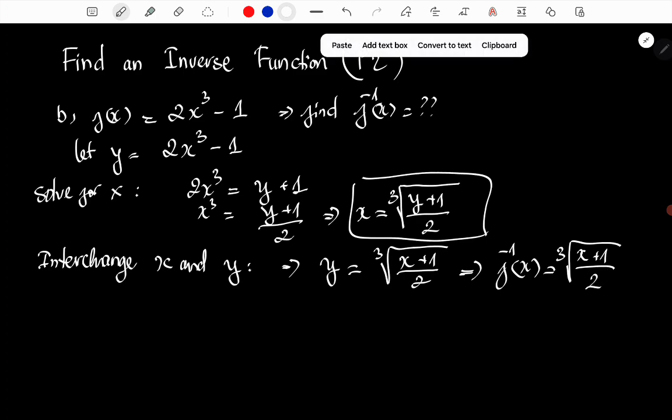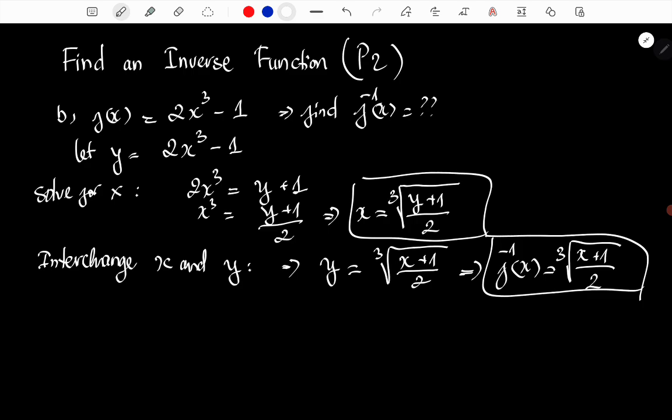And now we need to check this before we come to the final conclusion. How to check this? There are two ways. I hope we still remember.